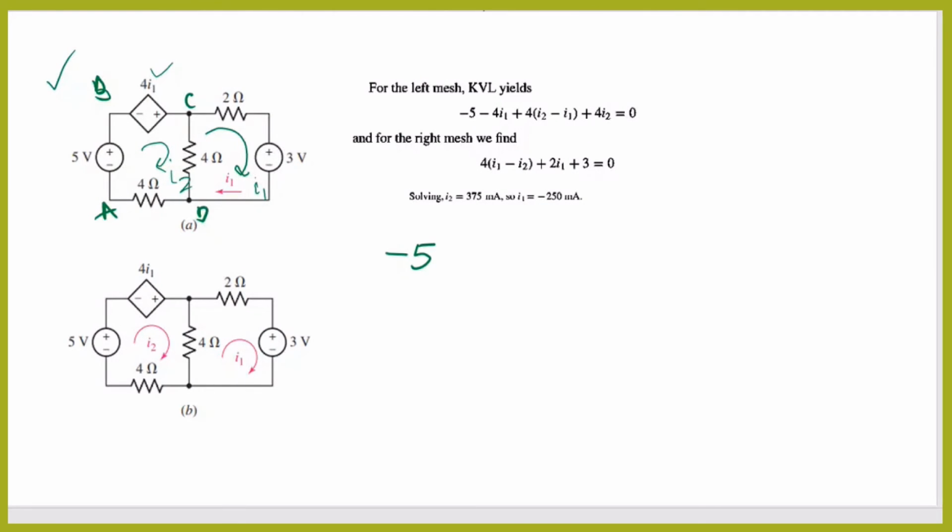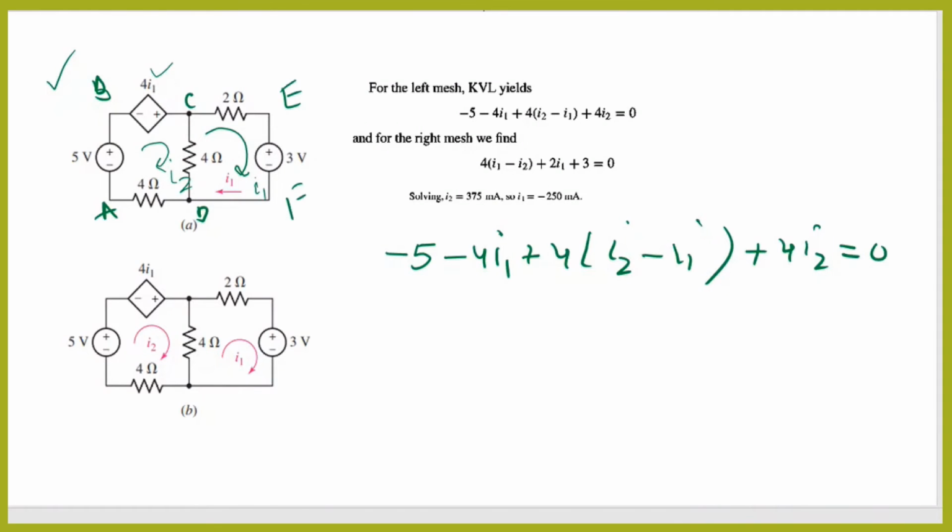And I am crossing the voltage source from negative to positive, so minus 4i, plus 4 into (I2 minus I1), because here I2 is there and here I1 is there, plus 4I2 is equal to 0. Okay, this is 4I1.